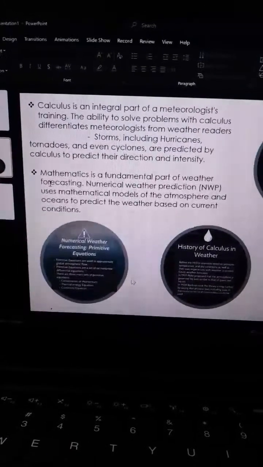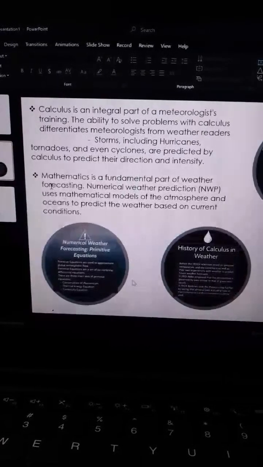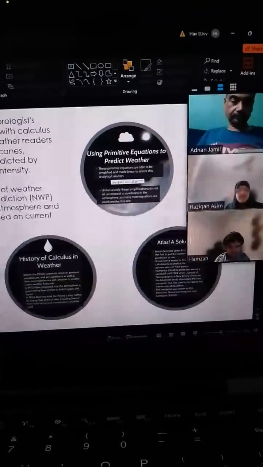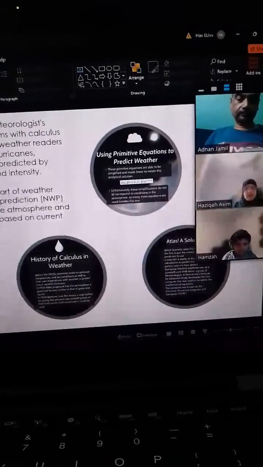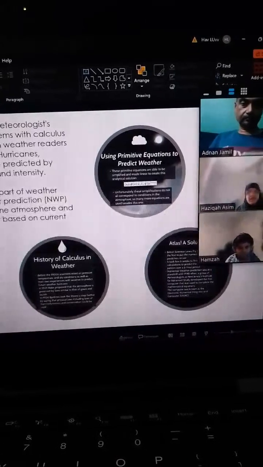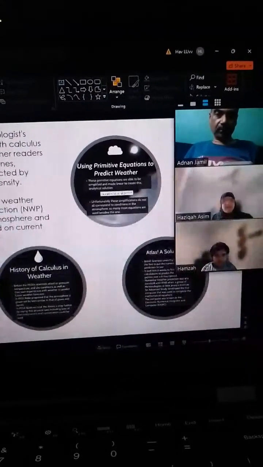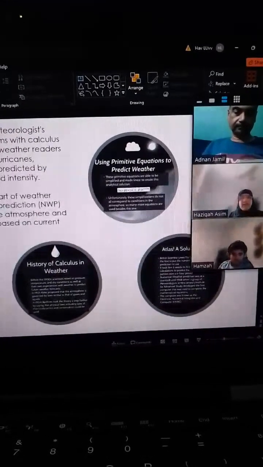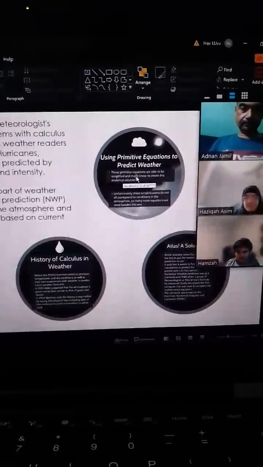And this is helpful because once you know this, you can help people who are going through storms and hurricanes. It will help the community to stay away from it. And there's a formula here on the right side.